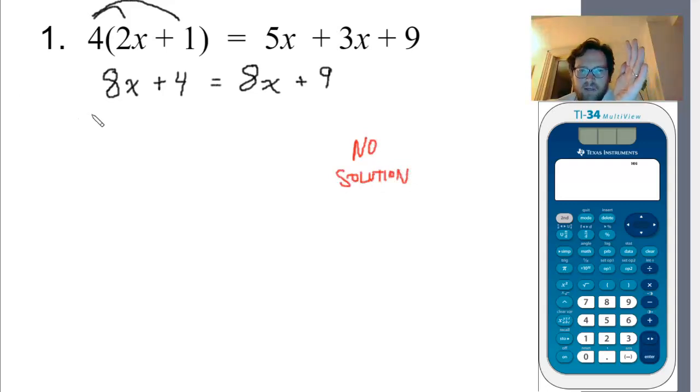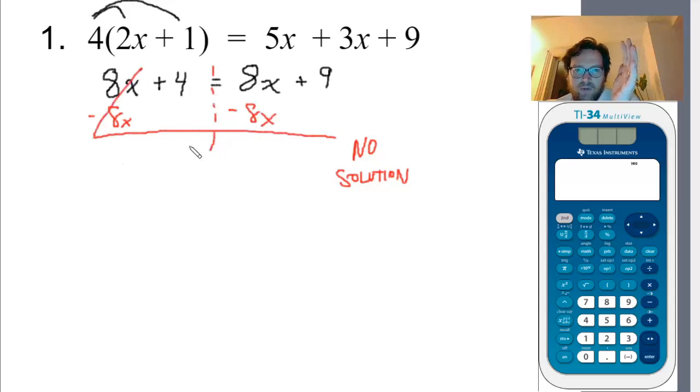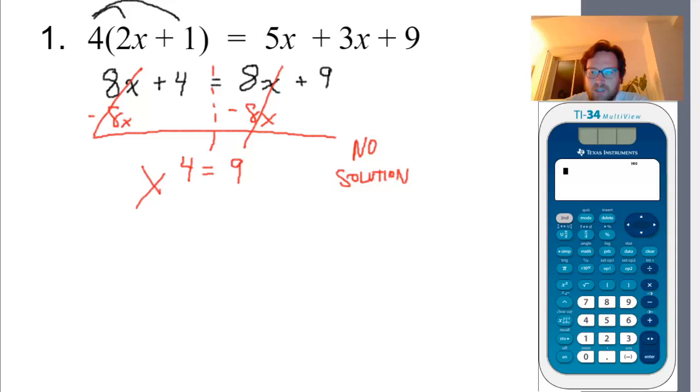And if you really want to convince yourself of this, you could subtract 8x from both sides. 8x minus 8x cancels out, and you get 4 equals 9. That's obviously not true. So there is no solution to this kind of equation.